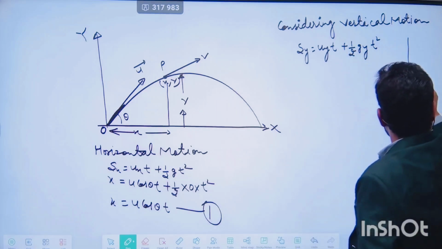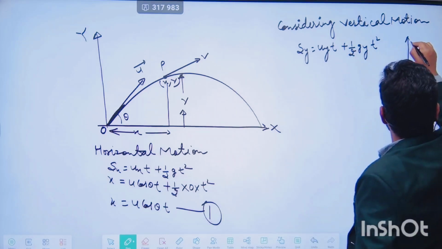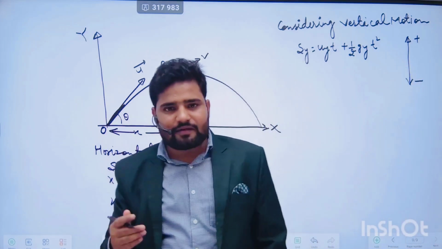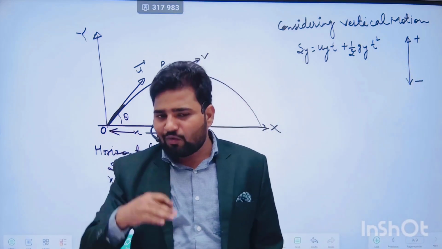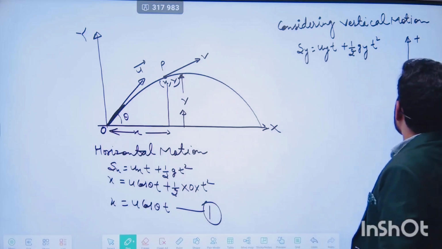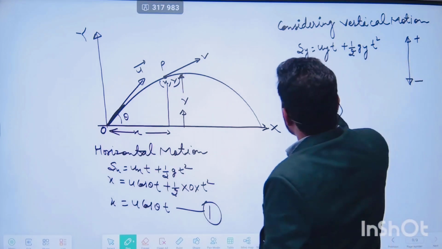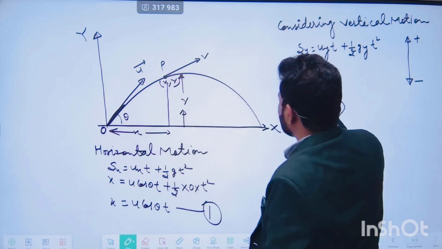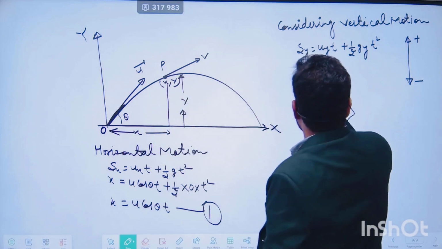Again the same concept: here this is minus and this is plus. What does it mean? In the upward direction, all the parameters will be taken with a positive sign. In the downward direction, all the parameters will be taken with a negative sign. So here, when it reached point P, the vertical displacement is y.